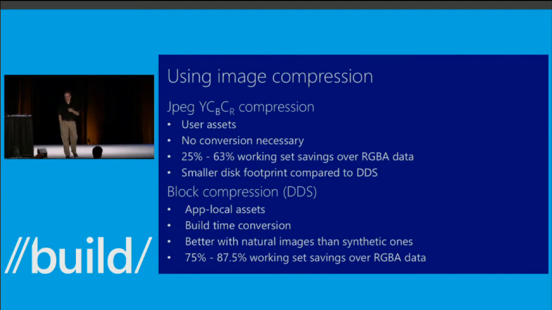If you have sharp edges in them, there would be some cases where you might see some blurriness. Again, depending on the size of the images and where you're using them, that will be noticeable as well. But you need to look at the images when you're using DDS. Again, 75 to 87% working set size savings over BGRA or RGBA images.